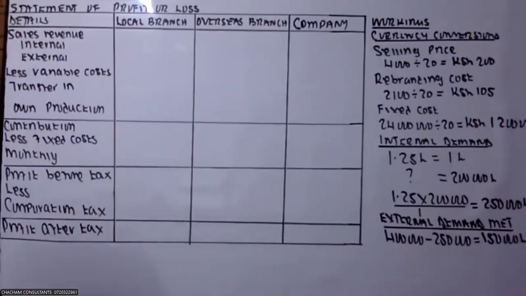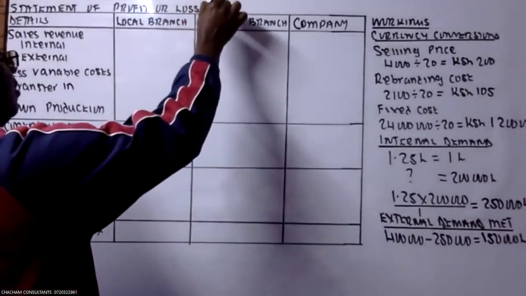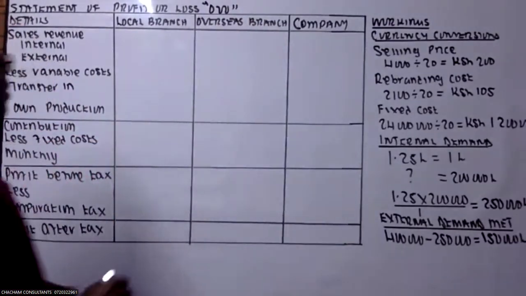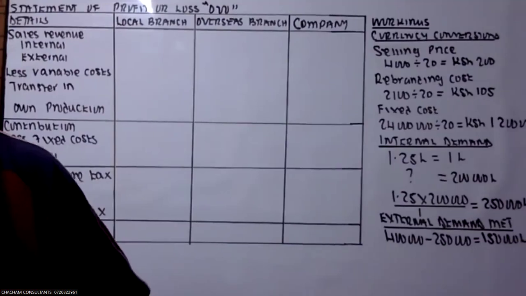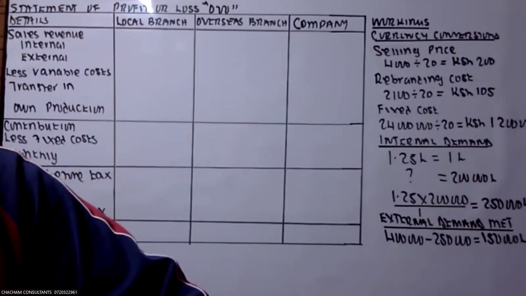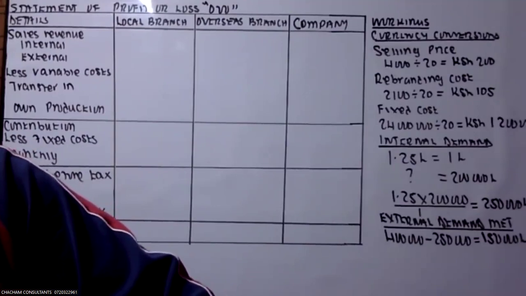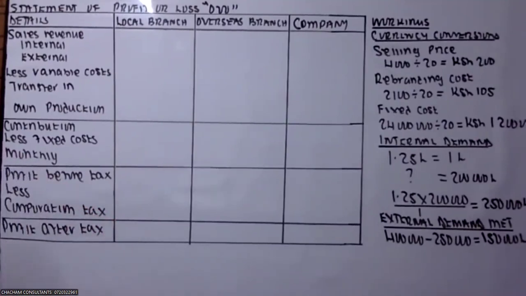So now the next thing is to fill the figures. I don't know whether you have working space here. Mine, I am saying shillings in thousands. And another thing they said, number 5: the local branch division transfer price for the processed milk is marginal cost plus 10% markup per liter. So we need to get the transfer price in our workings.